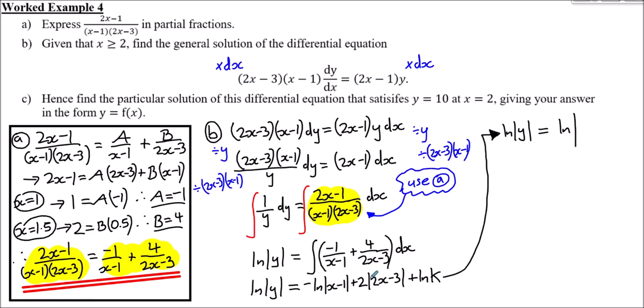By the way, because that's 2 lots of ln of 2x minus 3, I can combine that into a power. So I've got ln of 2x minus 3 squared times k. In fact, I should put the k first, because it just makes it easier.